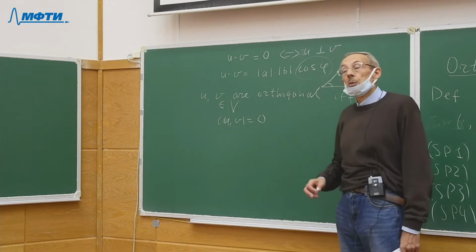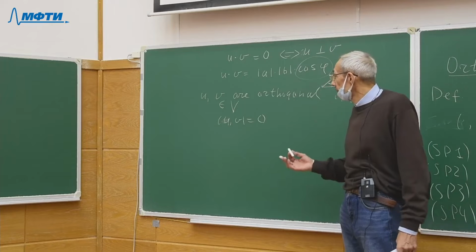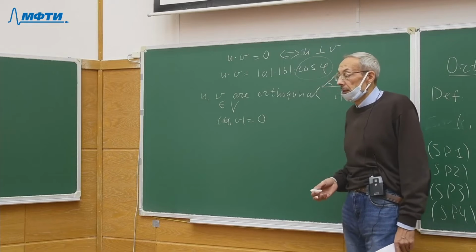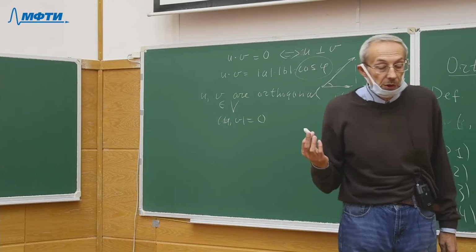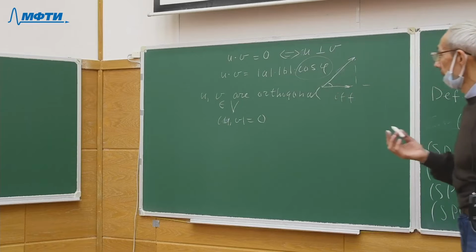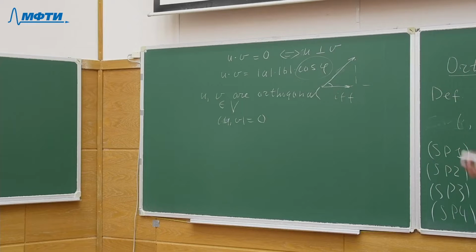In an arbitrary vector space, we do not have the initial notions of angle and length of a vector. We have only the scalar product, which is defined by abstract conditions.